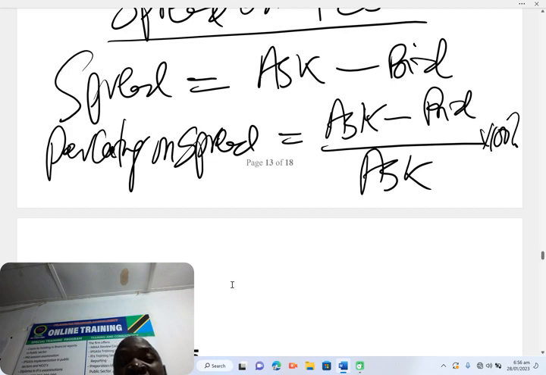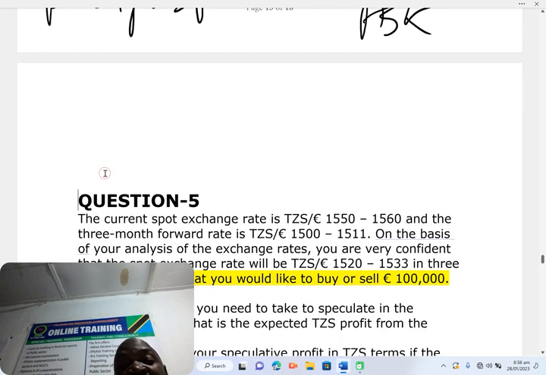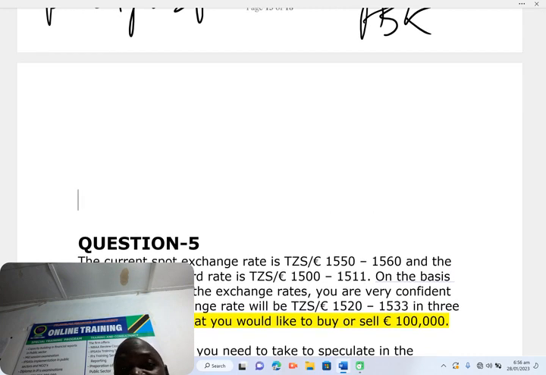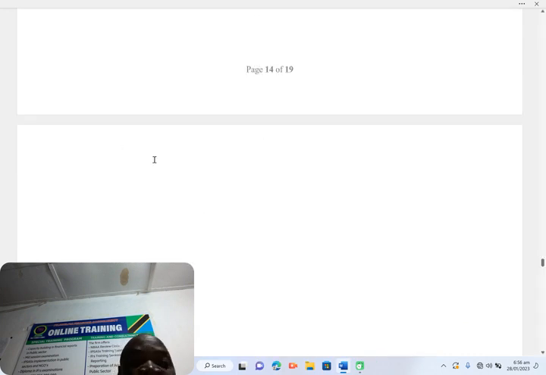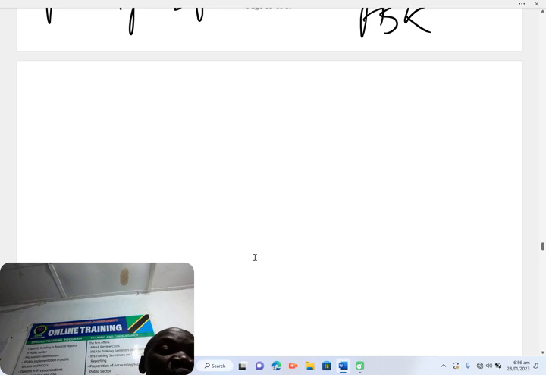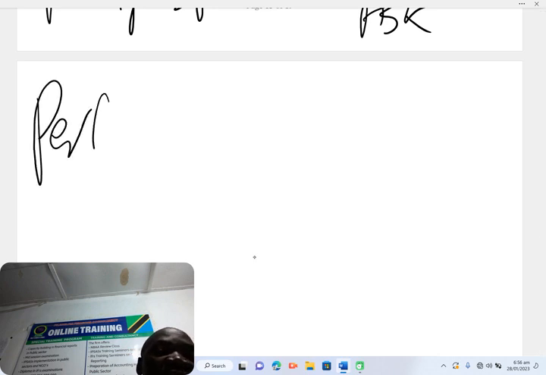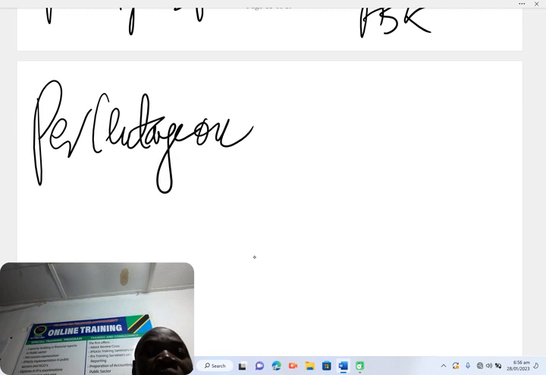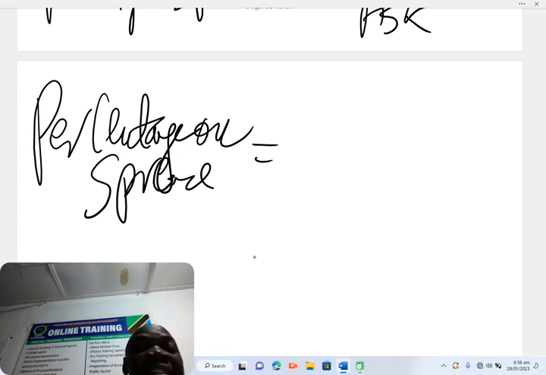So at this point, you can easily compute the figure. We have all the figures with us, isn't it? So, percentage on spread. What is the ask?